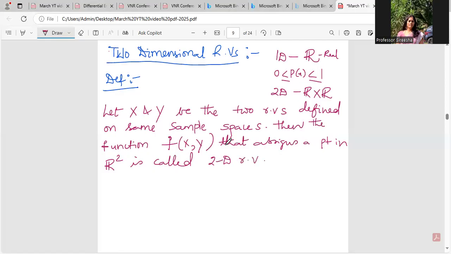That means what? It will be like this. It will have ordinate and abscissa. It will be something like this.